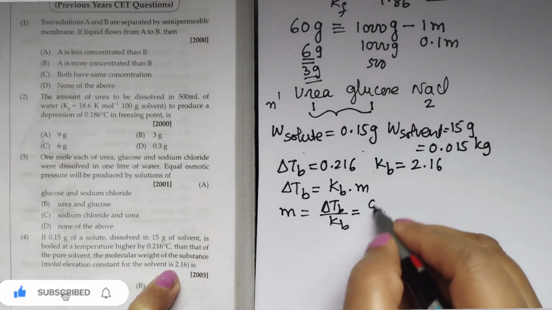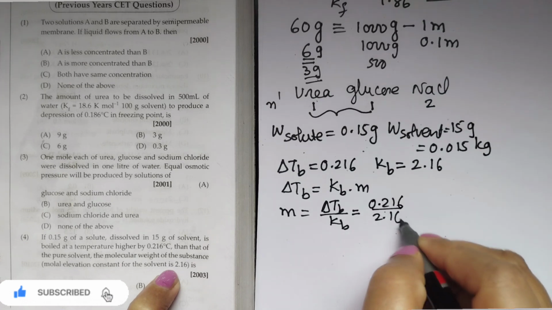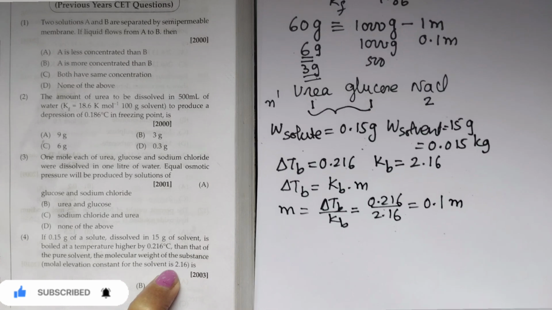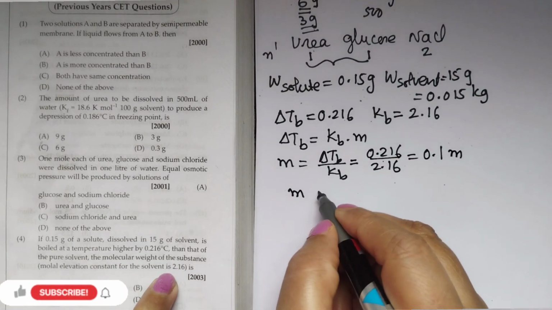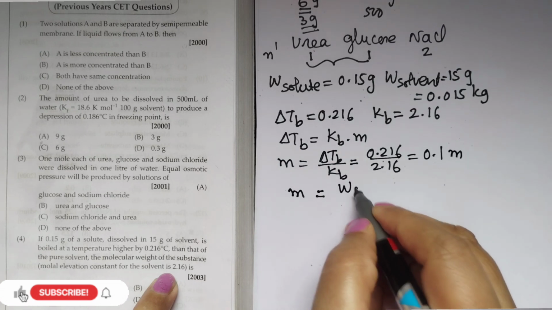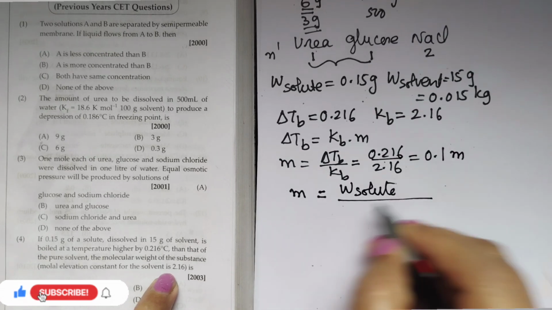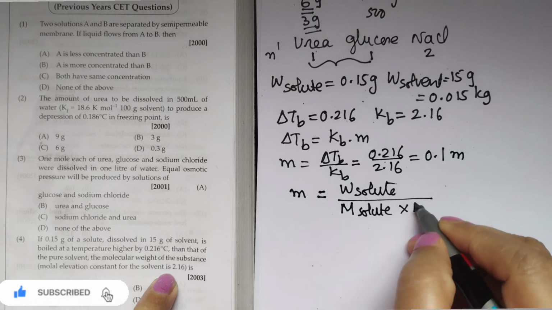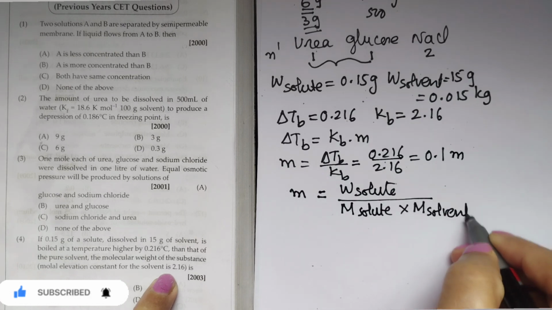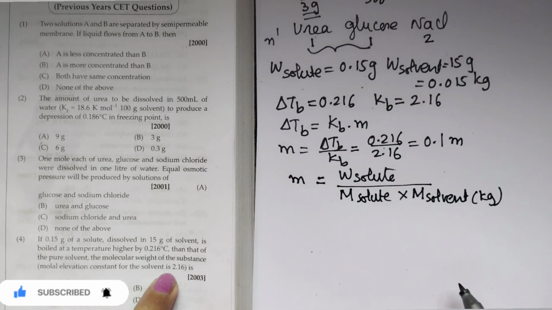Let us substitute the values. So the molality of the solution is 0.1 molal. Now let us substitute this. Students, molality of any solution is equal to the mass of the solute upon the molar mass of the solute multiplied by the mass of the solvent in kg. Let us substitute the values.